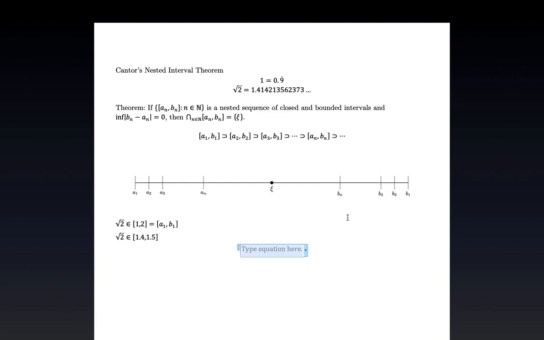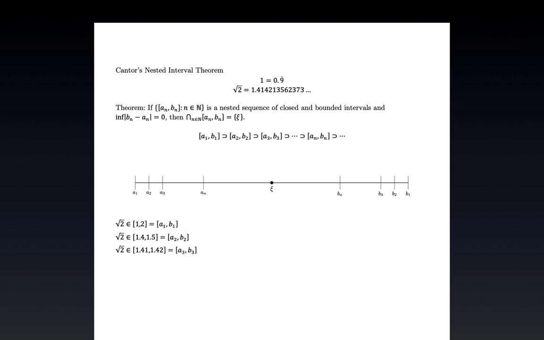Now again root 2 is in 1.41 comma 1.42 and so on. So this is my A3 B3, and earlier this is my A2 B2.